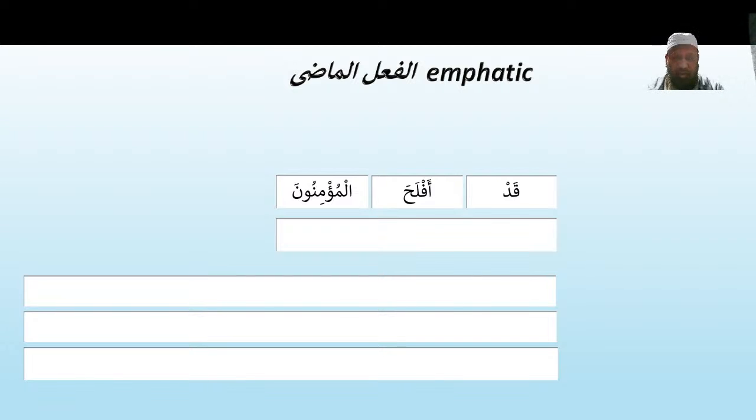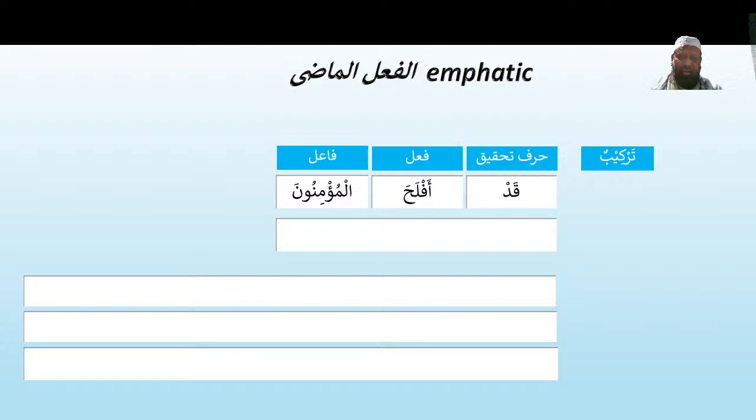So here the qad is telling us the aflaha certainly is done on the mu'minun. تركيب: قد حرف تحقيق, because it is giving us meaning of confirmation, or the emphatic. أفلح فعل, المؤمنون فاعل.